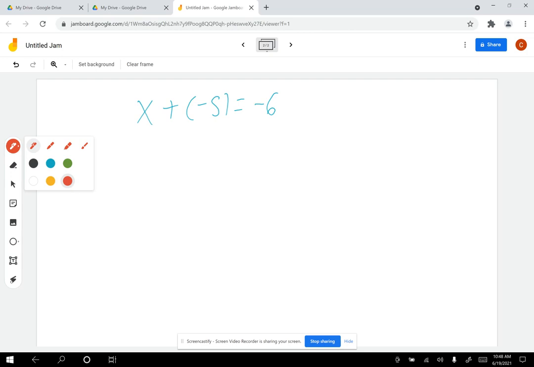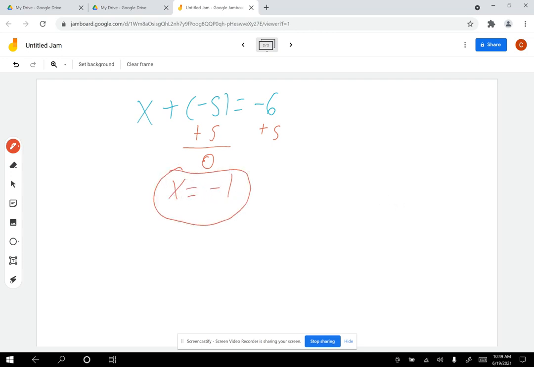So I'm going to add positive 5, because negative 5 plus 5 will give me 0, which means I also have to add plus 5 here. When I add negative 5 and positive 5, I get 0. Negative 6 plus positive 5 should give me negative 1. So in this case, x equals negative 1.